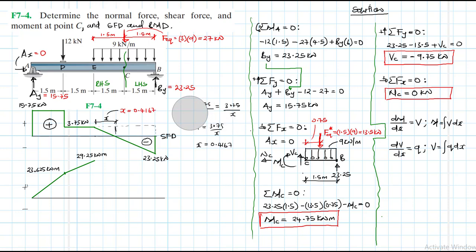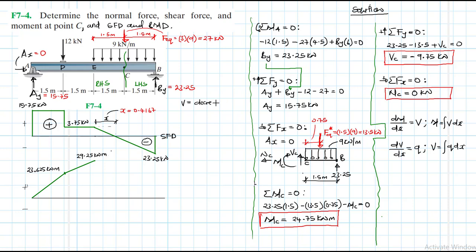Great. So let me wrap this. Right. So we know that at this point where the shear force diagram crosses this zero axis is a point where we're going to find the maximum moment.